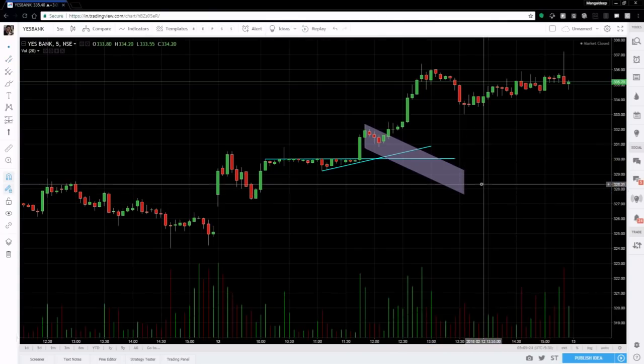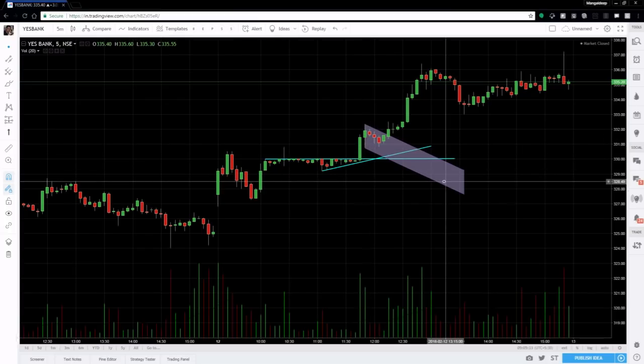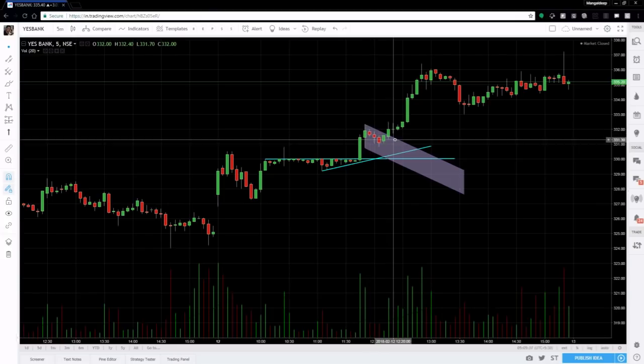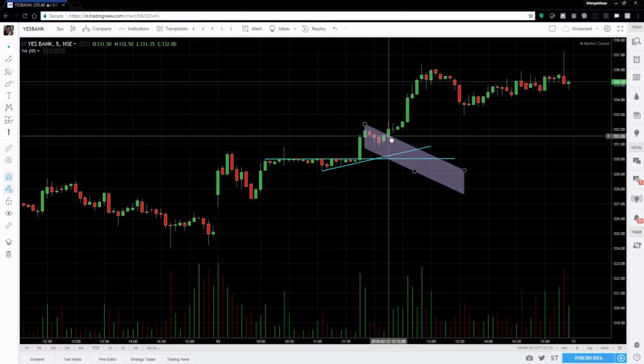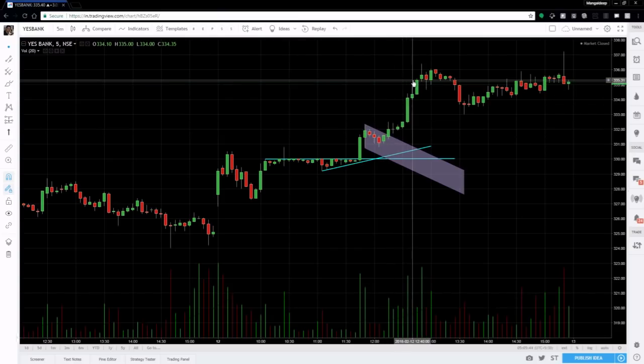So have a look at the video wherein I have described how a flag pattern should be traded. You will be more clear. So this is a flag pattern for sure. And what does the flag pattern signify? If the upper line is breached and if the candlestick closes above it, it should move up further.